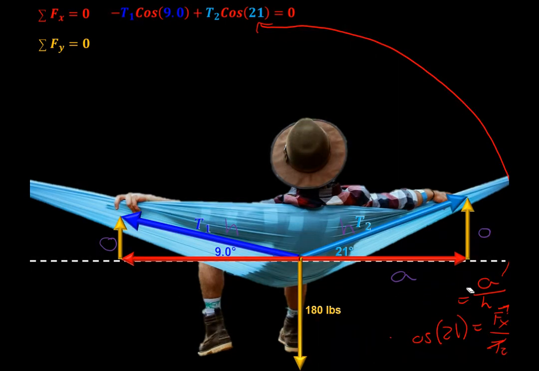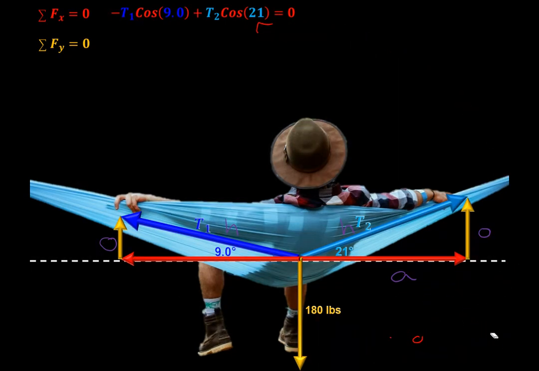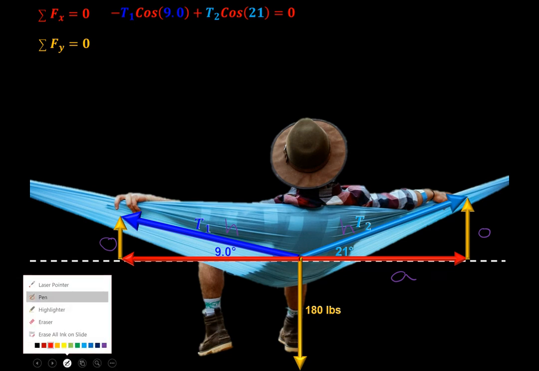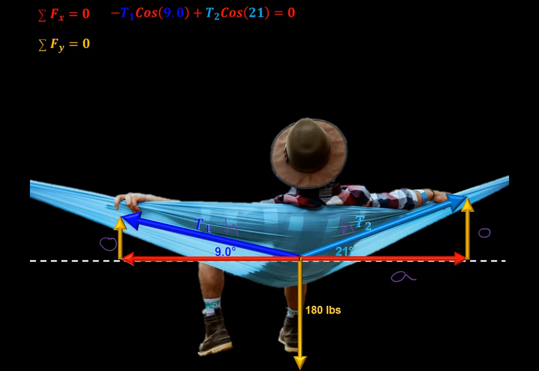Now we have to do our forces in the y direction. Again, our other times we've known what it was. We don't know what it is now because it's not balanced. So we would have to do opposites. We would have to do sine. So sine theta is opposite over hypotenuse.